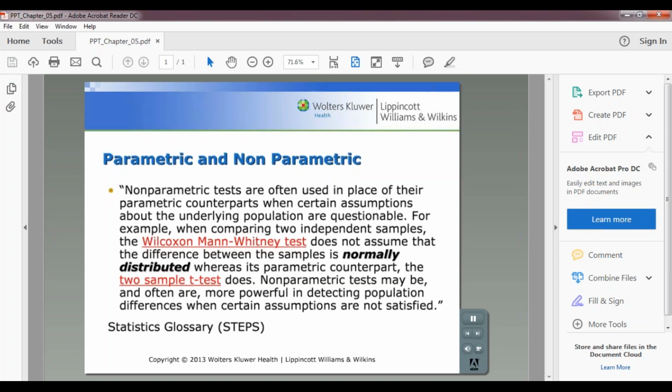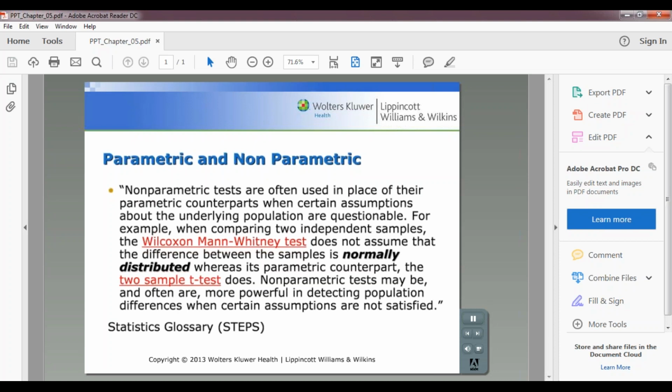So when comparing two independent samples, the Mann-Whitney test does not assume that the difference between the samples is normally distributed, whereas with a parametric counterpart, for example the t-test, we do have to follow the assumption that we are utilizing data from a normally distributed population.